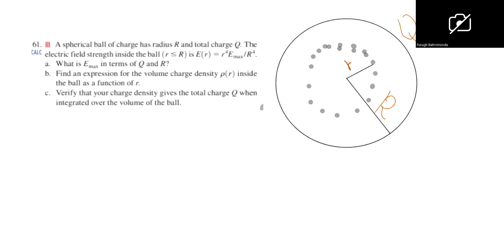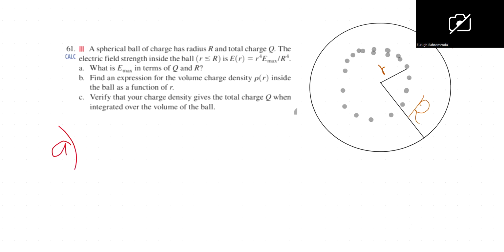Question A. We are told that the electric field inside the sphere, where r small is smaller than R big, is given by electric field equals r to the power of 4 over R to the power of 4 multiplied by E max.